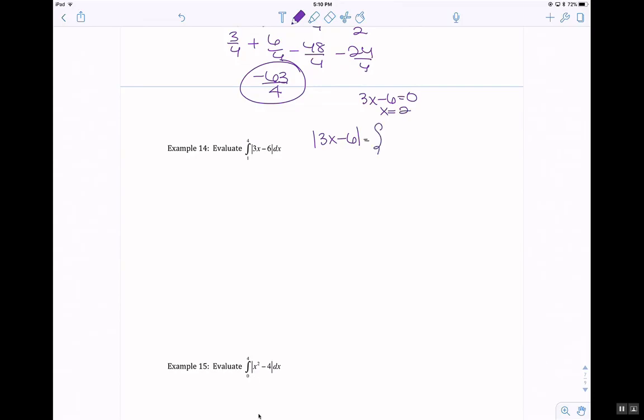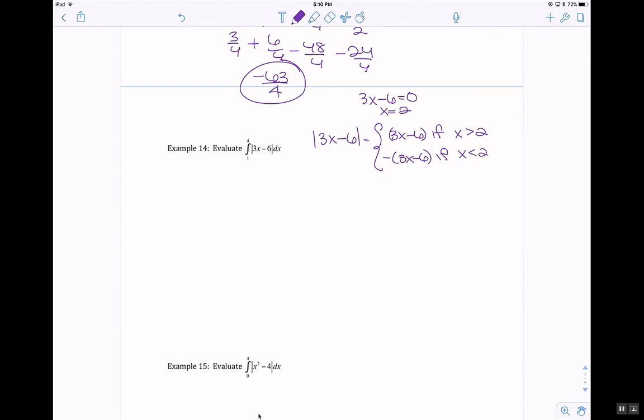I can take my absolute value equation and write it as a piecewise function, and we did this back in advanced math. So I first take what's inside my absolute value and set it equal to 0 and I get 2. So then I can write my absolute value as 3x minus 6 if x is bigger than 2 and negative of 3x minus 6 if x is less than 2.